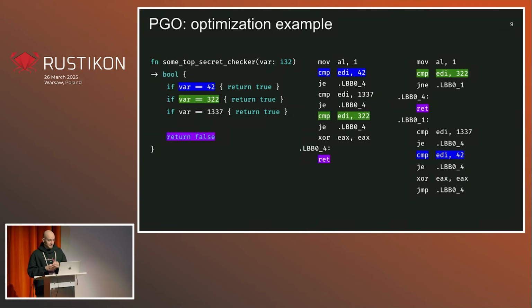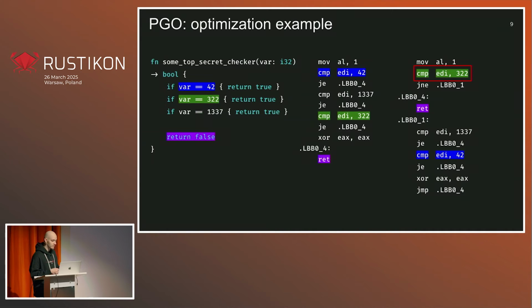On the right side, we have the same code, but optimized by PGO, and we trained our PGO on input where the vast majority of inputs were the number 322. So here is the first difference. First, this branch is moved to the beginning of the function because it's executed more frequently.